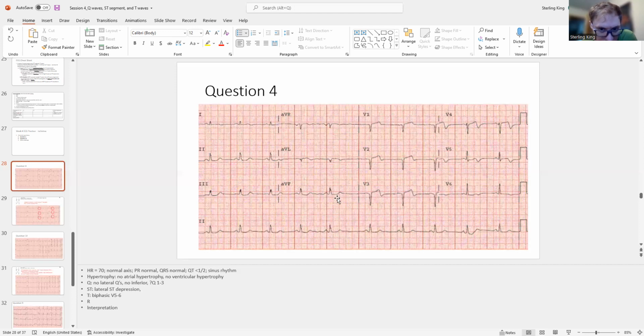This one's really about 2 boxes below that big line. So not really any changes. No changes inferiorly. And looking at T waves, that looks normal, that looks normal, that looks normal. So normal inferior.